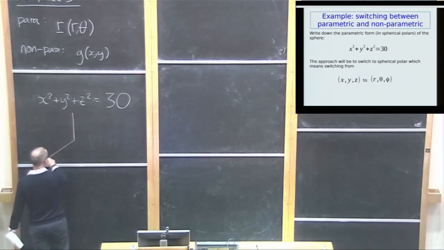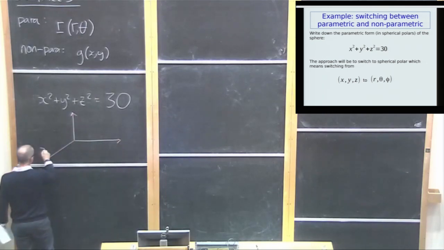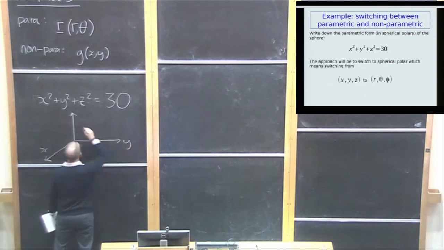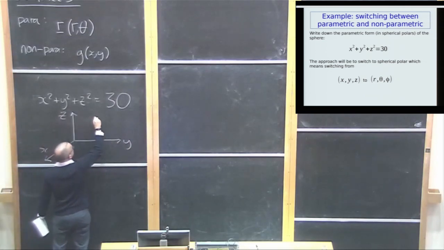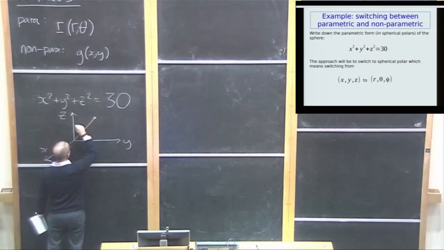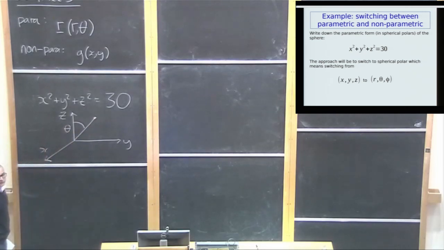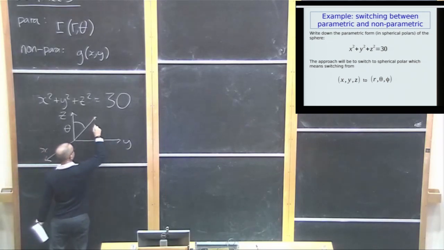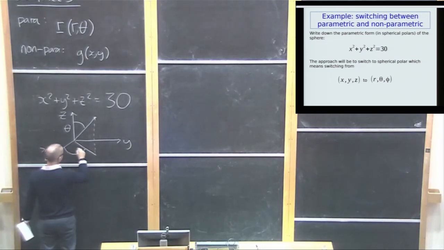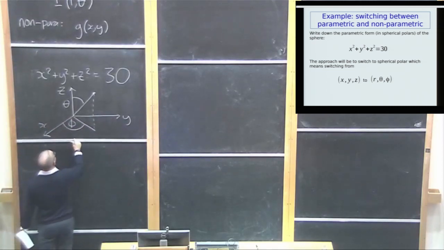Again, a reminder about spherical polar coordinates: x, y, z. I have some point in my 3D space. The position vector to that point makes a polar angle theta with the z-axis. This point then projects down onto the xy plane, where it makes an azimuthal angle phi with the x-axis.